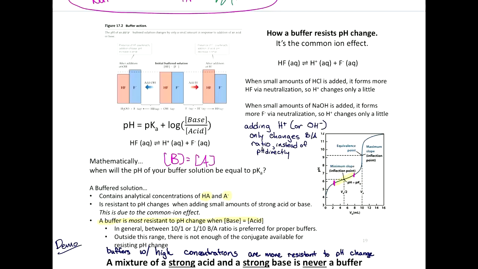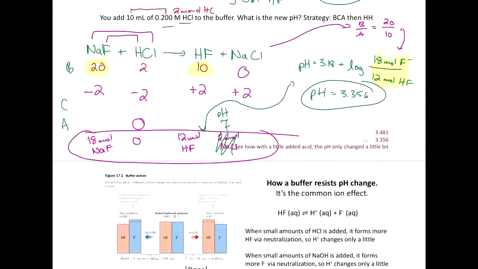So those are some ideas about how buffers resist pH changes, and it's all due to this BCA table. The ratio will change minimally if the before values are very large, but your base to acid ratio will change a lot if these mole amounts are very small numbers.